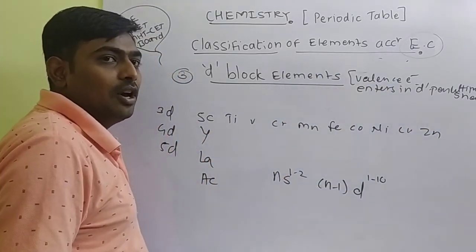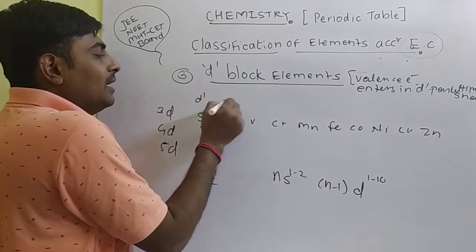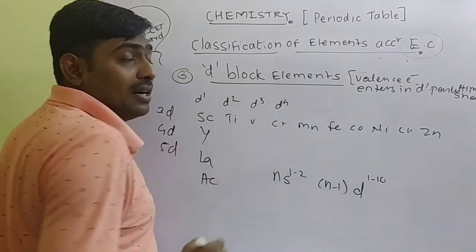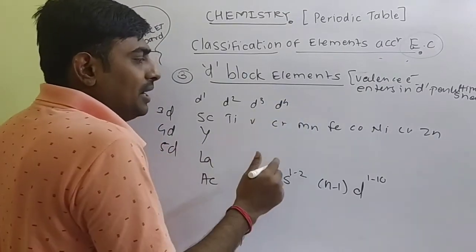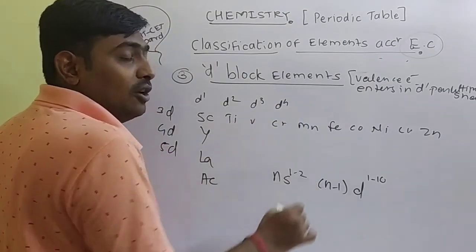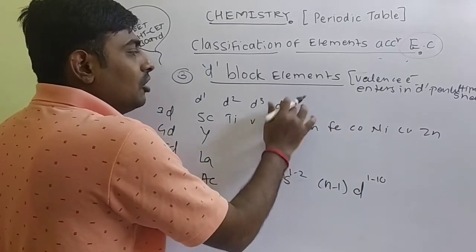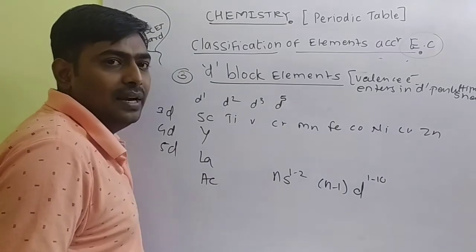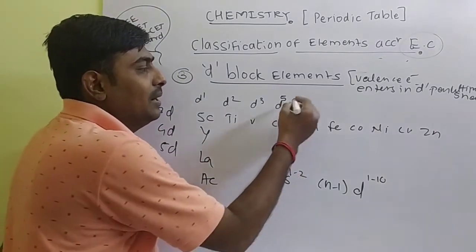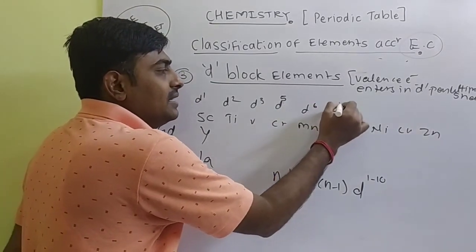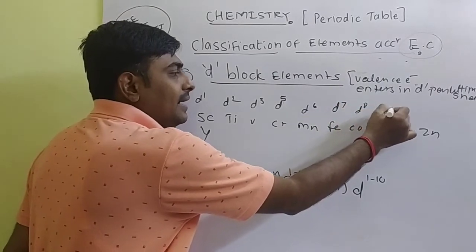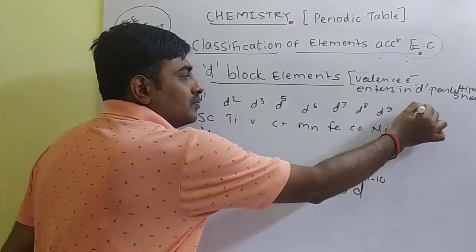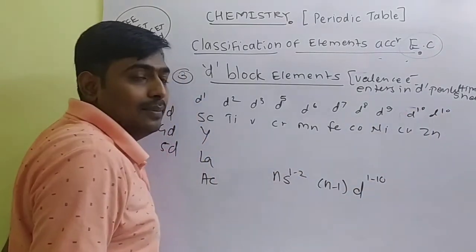For the stability of the d orbital, it is d1, d2, d3, generally d4. But for stability, an s electron enters from the s orbital to the d orbital, so it is d5 electronic configuration. If the d orbital is half filled or fully filled, then it is more stable. So it is d6, d7, d8, d9, d10. Like this, the electronic configuration is observed for the d block elements.